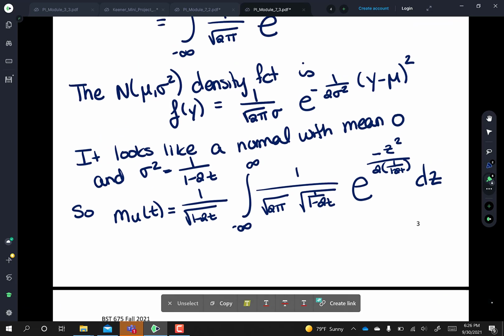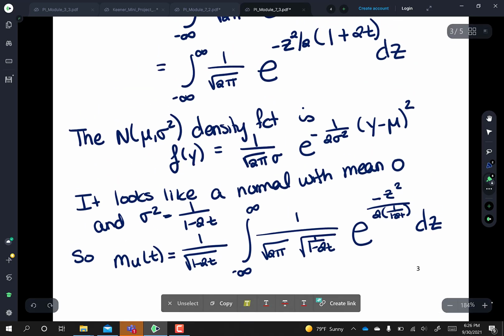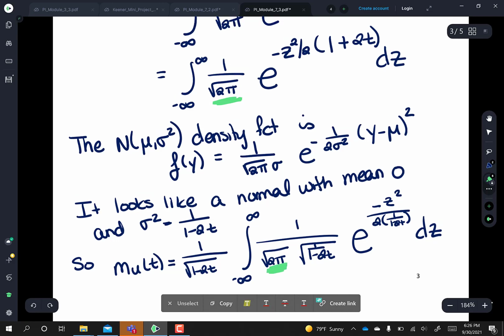Looking up here with what we had originally, we can see the 1 over the square root of 2 pi is right here. We can see that our negative Z squared divided by 2 is right here. What has changed is before we had this multiplied by (1 minus 2t).